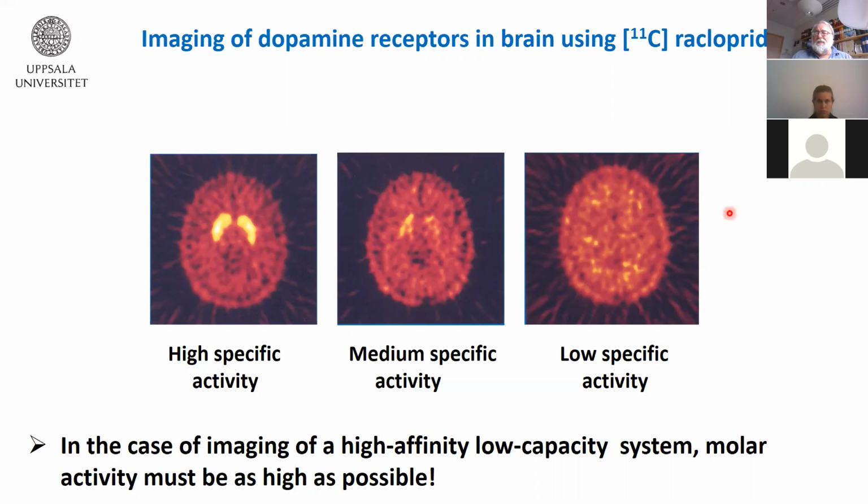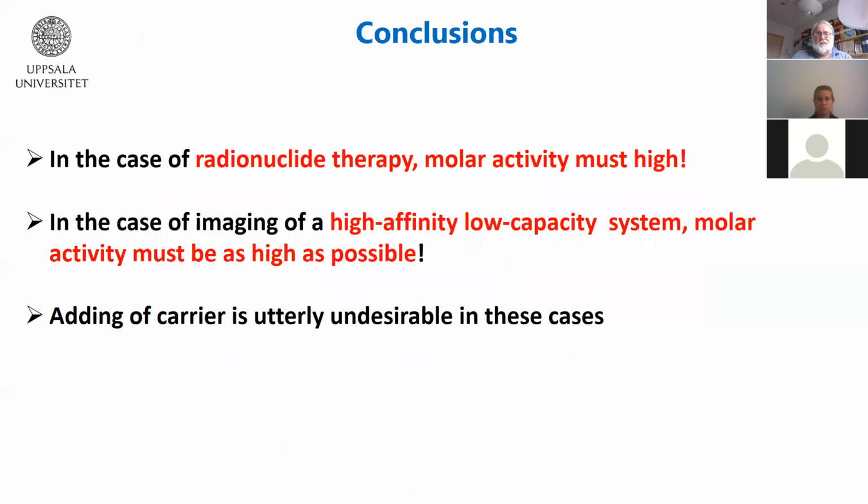And low capacity means that you have a low concentration of your target in the target volume. So generally speaking, in the case of radionuclide therapy, molar activity must be high.